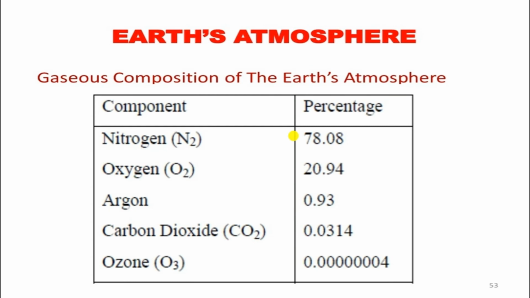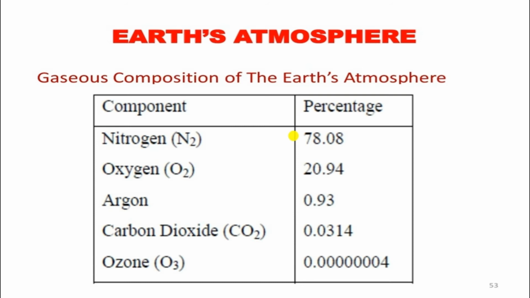Now the gaseous composition of the earth's atmosphere. That composition also affects the electromagnetic energy used during remote sensing, such as nitrogen, oxygen, argon, carbon dioxide, and ozone. They have different compositions and different availability in our atmosphere.